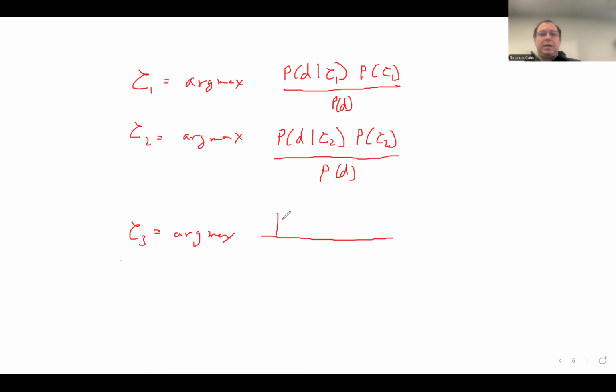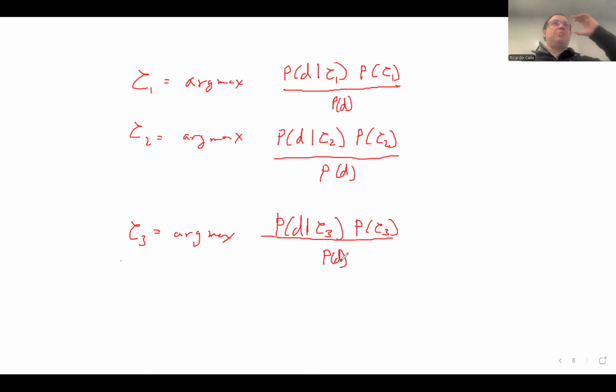We need to calculate the probability of D given C3. So we're going to need to have a table with these probabilities when it's class 3, times the probability of C3 alone, and we'll see that in a second, divided by the probability of D. As you guys have seen in machine learning, it's a lot of calculations, sometimes a lot of data collection and computation, and sometimes these things can be expensive.